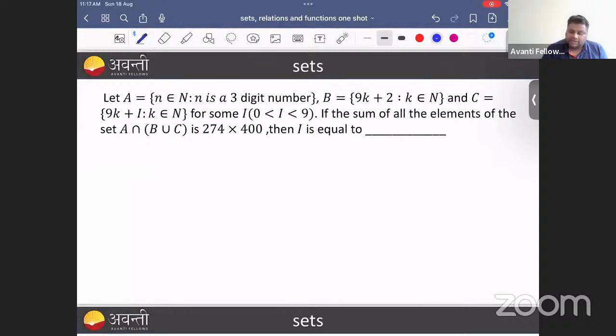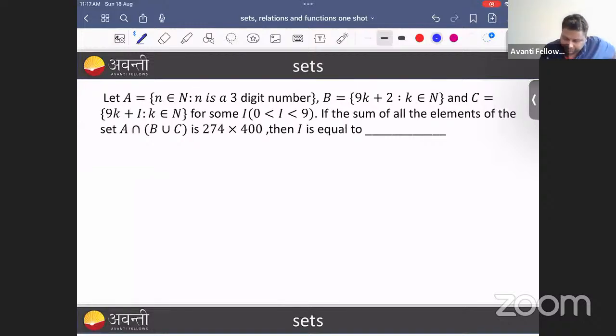And C is the set of all those natural numbers which when divided by 9 leave some remainder I. And this I is certainly lying between 0 to 9. Sum of all the elements of the set A intersection B union C is, they are saying, 274 into 400.